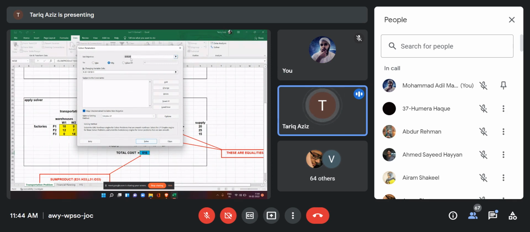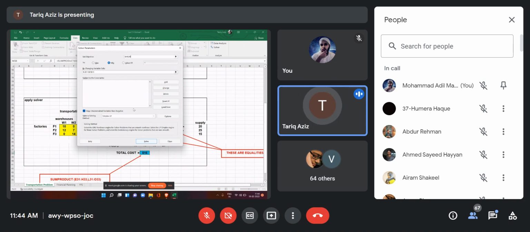Otherwise, we can select it. For example, if I delete the reference and select this cell, M38 shows up again. In older versions, this objective cell was also known as the target cell.